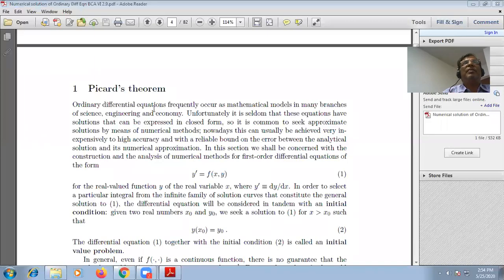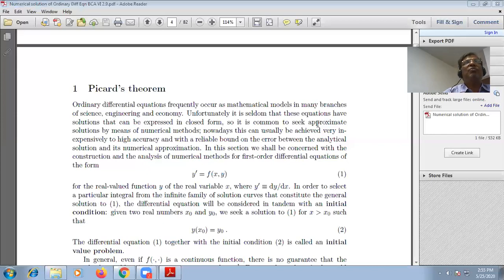Ordinary differential equations frequently occur as mathematical models. Just in the previous class, I have already discussed that ordinary differential equations frequently occur as mathematical models in many branches of science, engineering, and economics. Unfortunately, it is seldom that these equations have solutions that can be expressed in closed form.